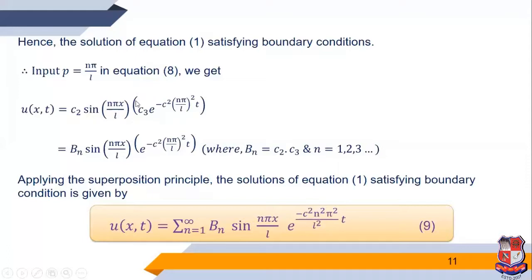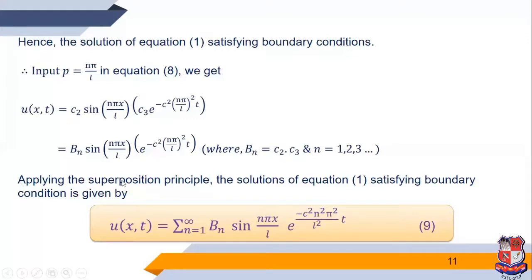Now c2 into c3 is a constant, so we consider it bn, where n is 1, 2, 3 and so on. So we write this form as bn sin n pi x by L e raised to minus c square n square pi square by L square into t.